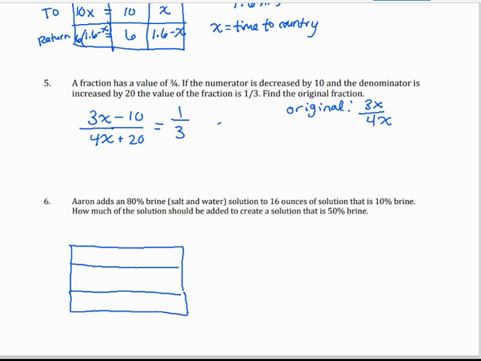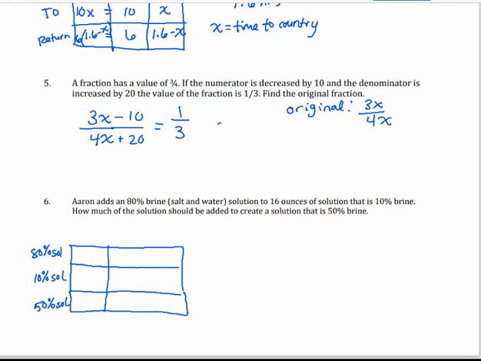So the first solution is an 80% solution. Our second solution is a 10% solution. And we're trying to create the mixture, which is a 50% solution. Okay, so we put our solutions first, or let's say we were making trail mix. Let's say we were talking about M&Ms and peanuts. Then you would have those first, and lastly, our mixture.